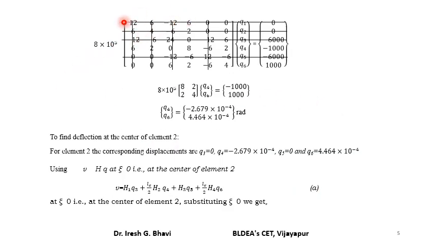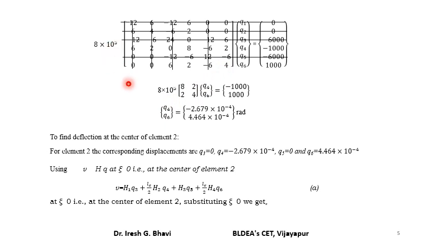We have applied the boundary conditions. Here the first row and first column have been eliminated because q1 equal to 0, then the second row and second column because q2 equal to 0, then the third row and third column because q3 equal to 0, then the fifth row and fifth column because q5 equal to 0. The remaining are 8, 2, 2, 4.